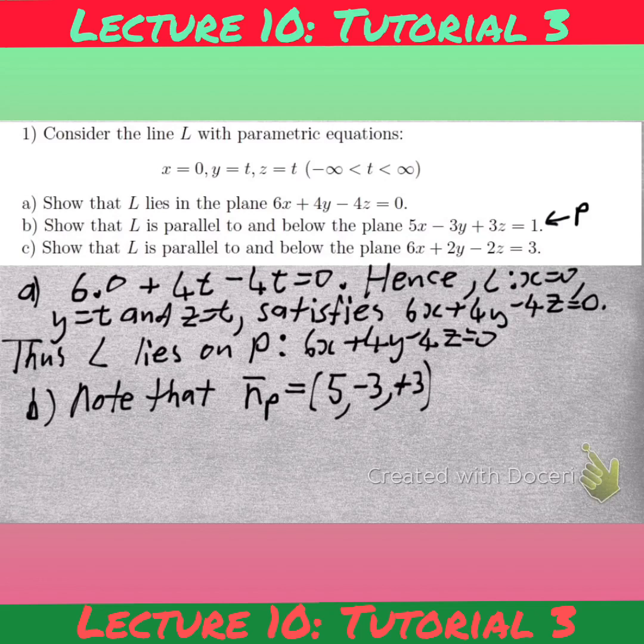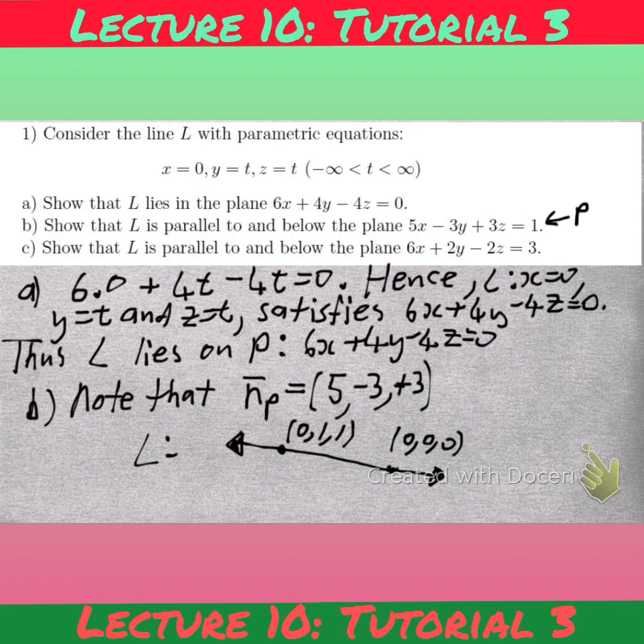Now, how do we know that this line is going to be parallel to that plane? What you do is you pick your line L. There's my line L. We can pick a point on that line. Let's just pick t to be 1, and let's pick t to be 0. Those are two points on the line.